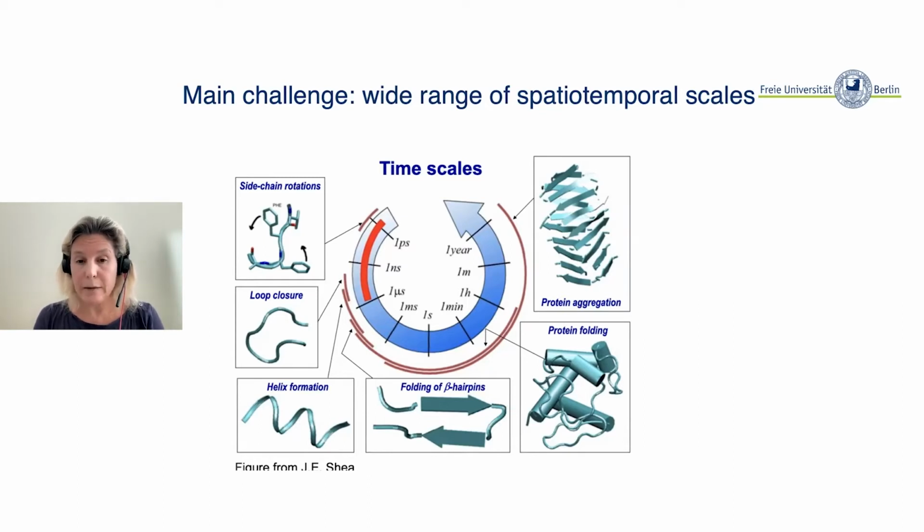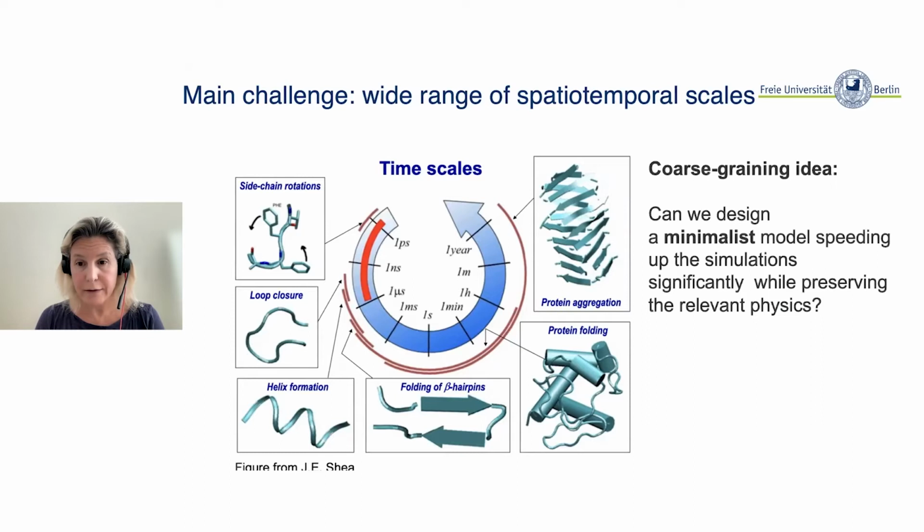However, we know from statistical mechanics that when systems are large, you don't need all the details. Sometimes doing some smart averages can take you a long way. I don't want to discuss here all the evidence for this, but we believe that we can develop minimalist models that can still capture the relevant physics and give predictions, even if they don't keep all the atomistic details.